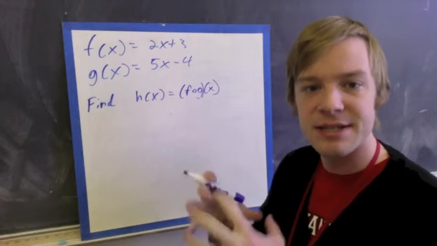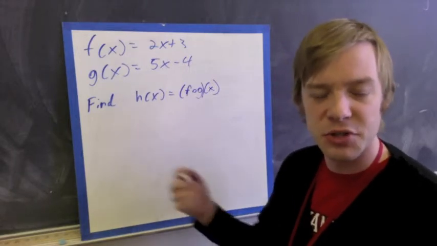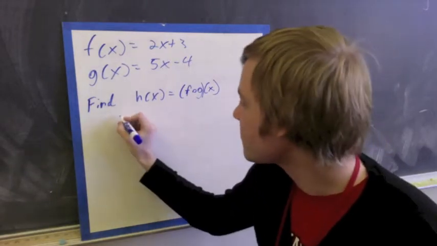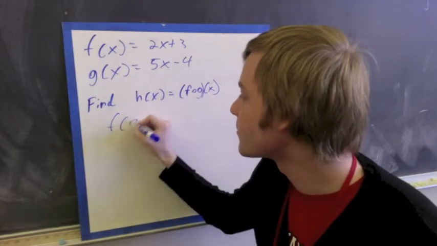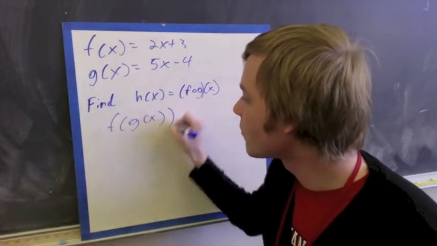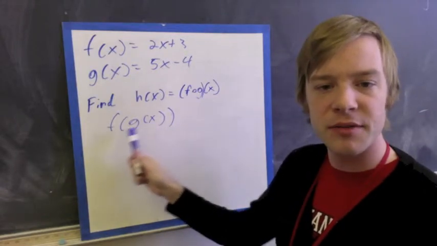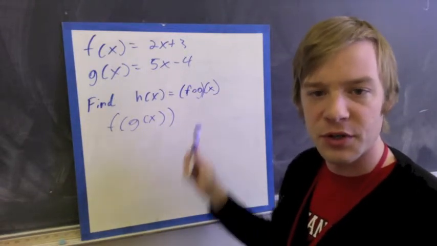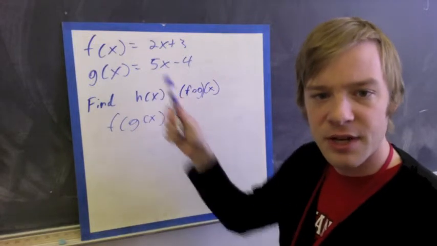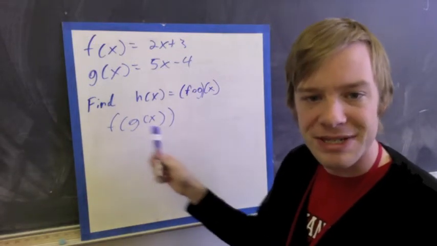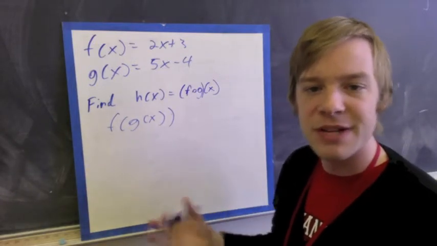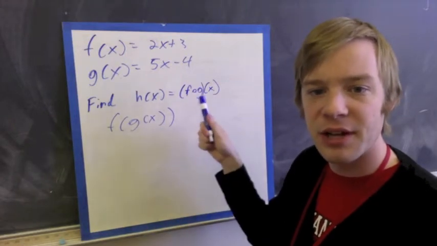So let's write this out just to help us. Whatever is second is the thing that's inside the parentheses of the first function. The first function was f, and the second function was g, so the g is inside the parentheses here. Sometimes it could be switched around, but then the letters would also be switched around right here.